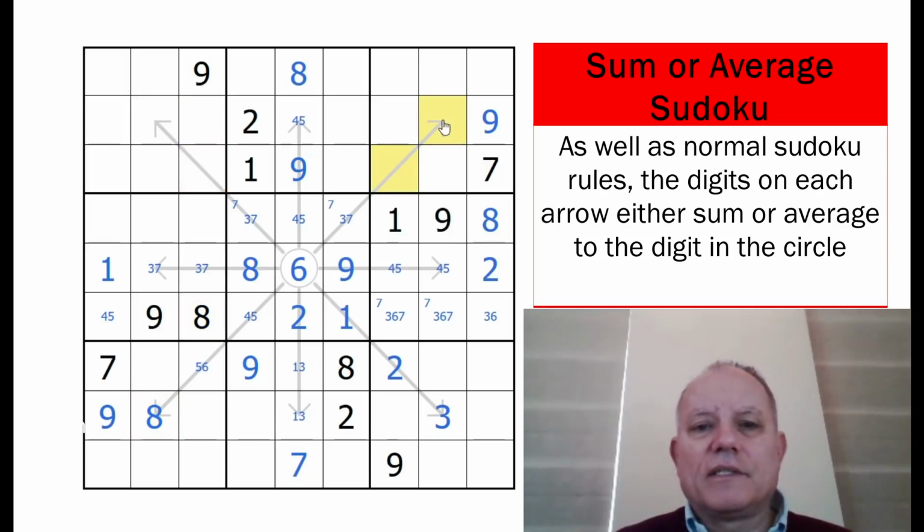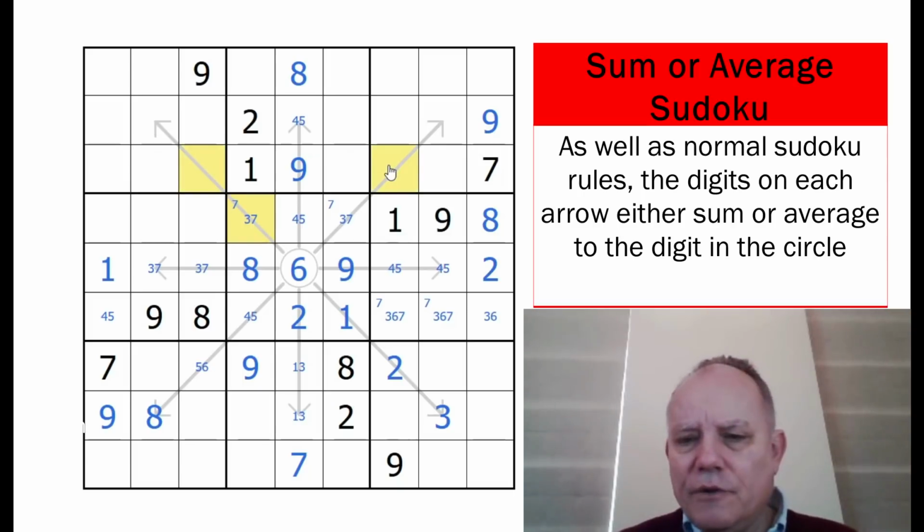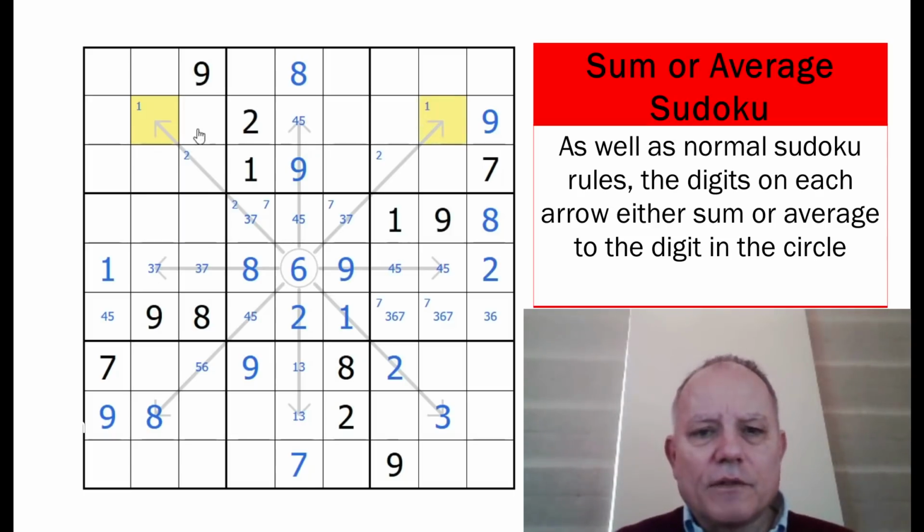So wherever the 3 is, it's in a sum. It's a 3, 2, 1 sum. So I'm going to fill in 2's in the corner of those cells and 1's in the corner of those because it would have to be disposed in one of those ways, and try and remember that they're offsetting.